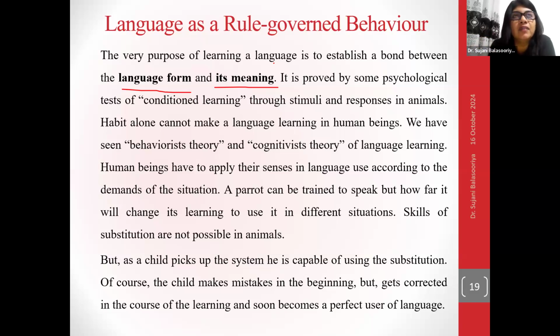We acquire our mother tongue or first language, and we learn the second language, the foreign language. In learning a language, what is really happening? We establish a bond, or create a kind of link between two things. What are the two things? One is the language form. Language form means symbol, either oral symbol or written symbol.